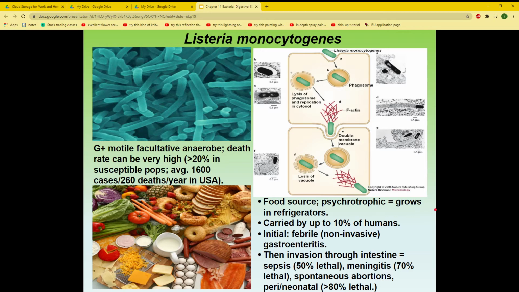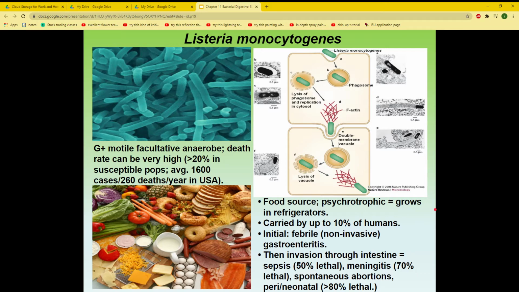It's fairly lethal. Interesting thing is that it is psychotrophic, meaning that it can grow in cool temperatures. It's able to grow in the refrigerator. So a lot of people actually are carrying it, and it's not invasive.